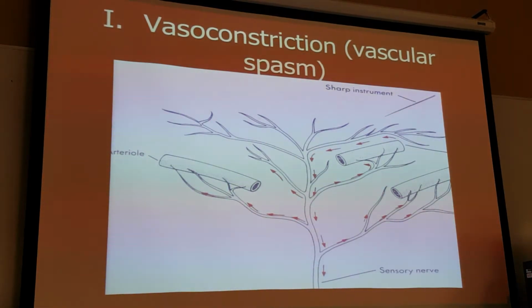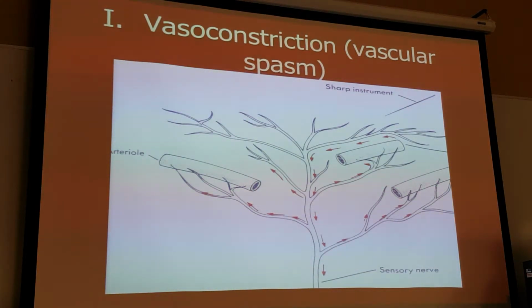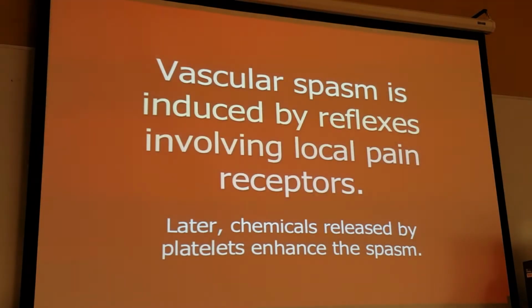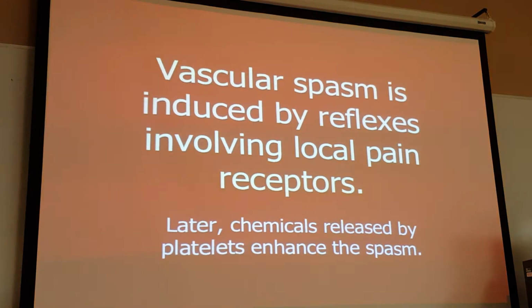Pretty soon you get into the smallest arteries, which we call arterioles, and they finally empty into capillaries. Capillaries don't have any muscle, but arterioles do, and they're capable of almost completely cutting off blood supply to a region if all the arterioles shut down, as long as you haven't damaged some great big artery. Okay. Vascular spasm is induced by local pain receptors.